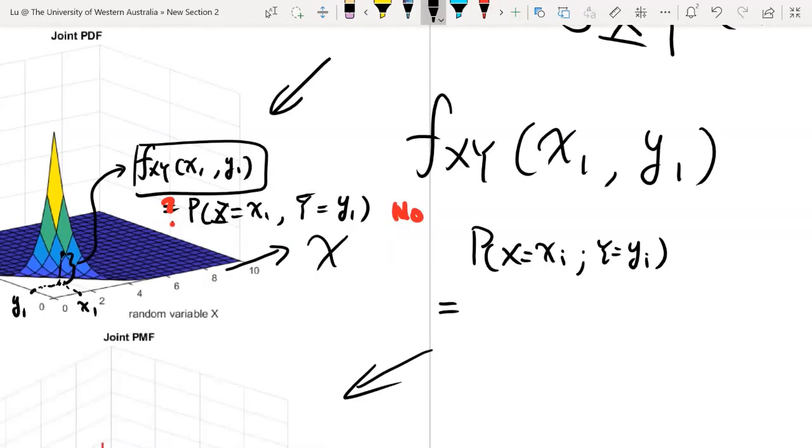This can be evaluated by f_XY(xi, yi), the joint PDF at the particular point xi and yi, times dx dy. We mentioned this last week and used some examples to explain the reason. Remember the velocity and the displacement of the small box, that's the same reason.